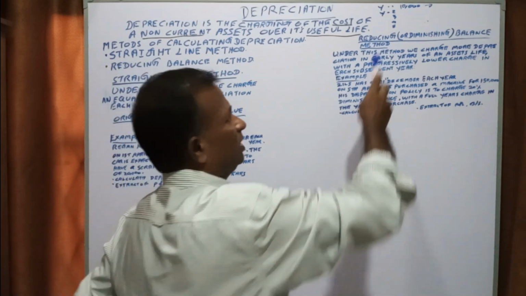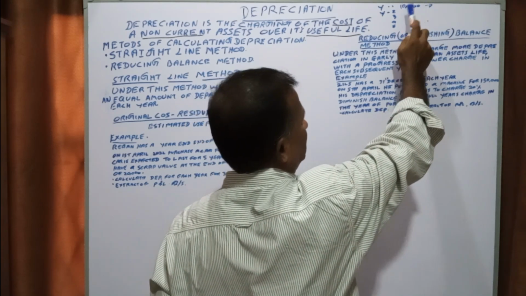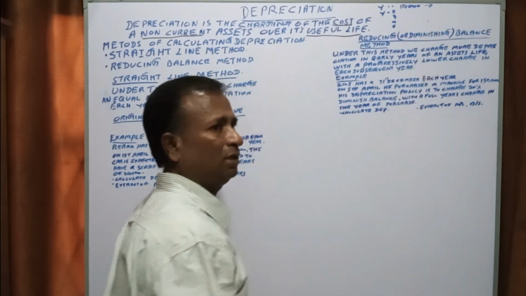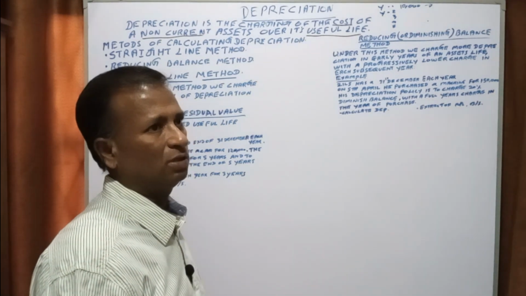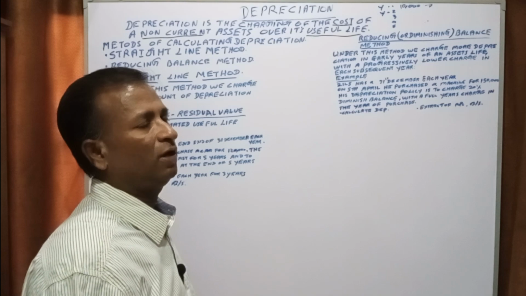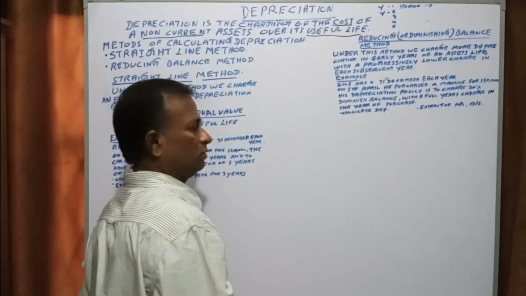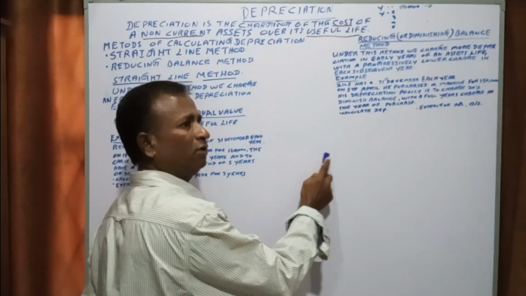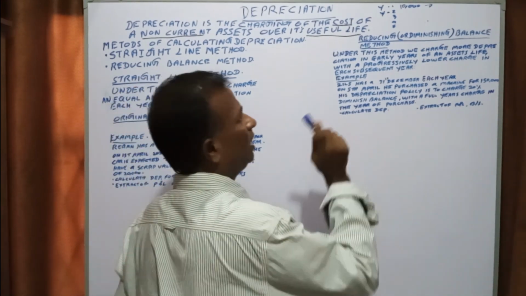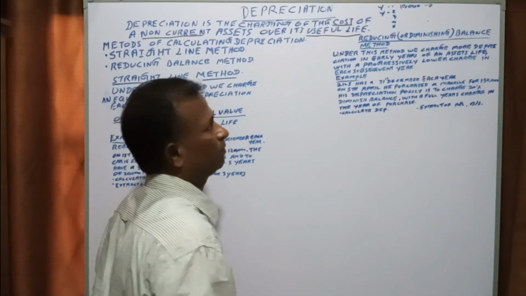At the purchase price we cannot show it in the balance sheet, because the balance sheet shows the economic value of the resources we have. These assets are resources of the entity.